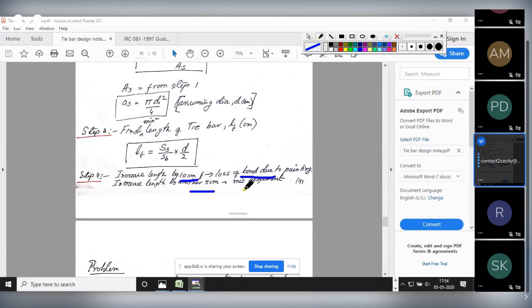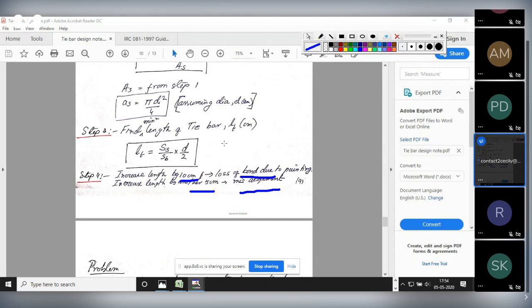That means it may not be perpendicular to the direction of traffic. It may be at a slight angle, it may be greater than 90 degrees also. So for that also we must increase the length of the slab. So the total increment will be 15 centimeter.